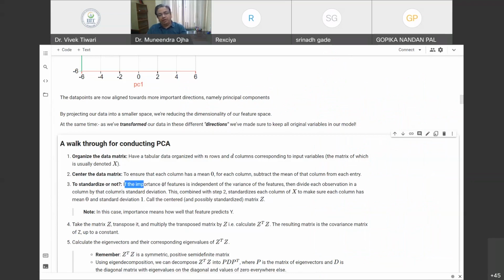So if the importance of the feature is independent of the variance of the feature, if the value of the feature is important, and it is more important than the variance of the feature, then divide each observation in a column by that column's standard deviation. That will make it standardized. So what we are doing over here in these two steps 2 and 3, we are basically standardizing to mean of 0 and standard deviation of 1.